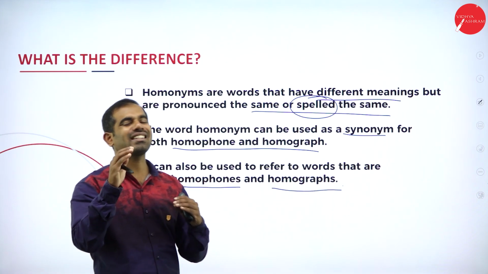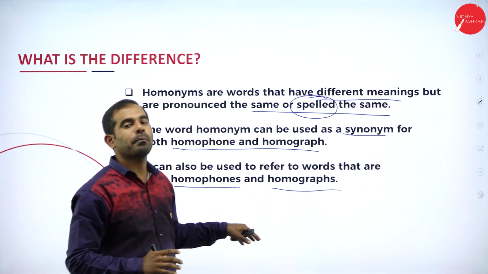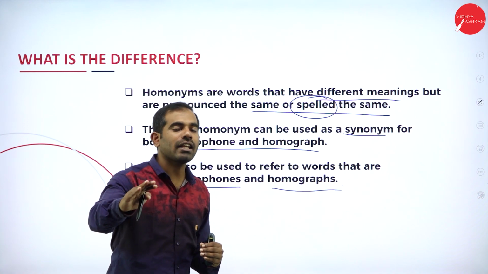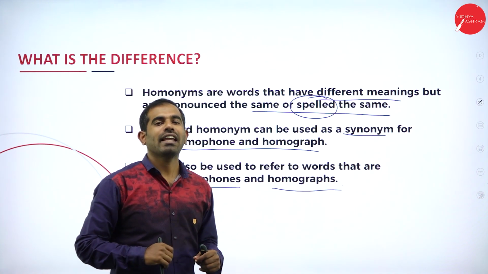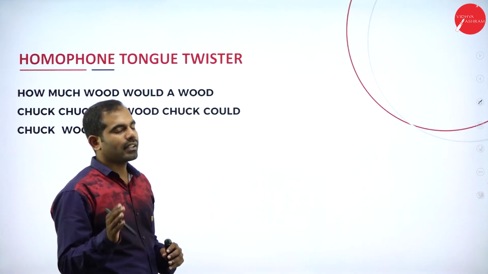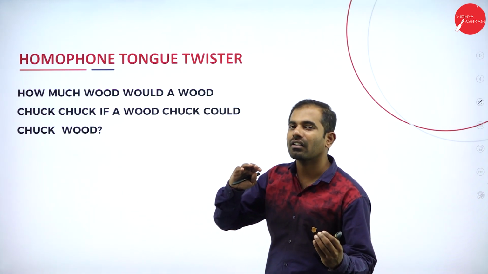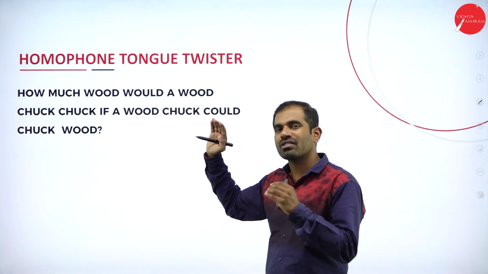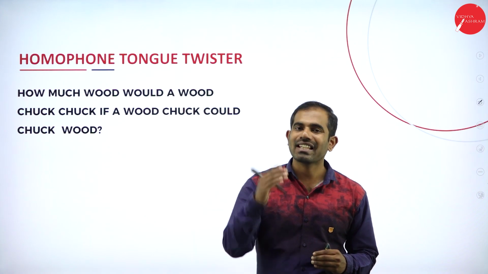I know this is quite confusing to understand, but let me give you more examples to give you detailed information about homophones. Don't think that homophones and homonyms are confusing. It's almost the same, but homophones are with same sound.